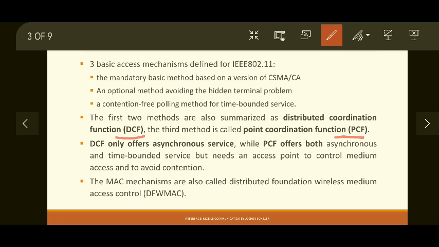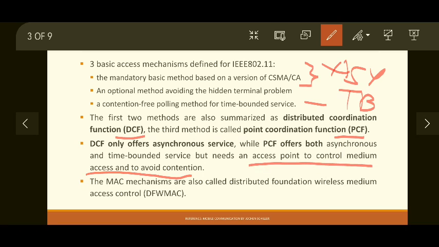So these are the names, DCF and PCF, given to medium access mechanisms in the wireless LAN. DCF offers only asynchronous service, whereas PCF offers both asynchronous and time bounded services, but needs an access point to control medium access to avoid contention. So DCF offers only asynchronous, whereas PCF offers both asynchronous plus time bounded.